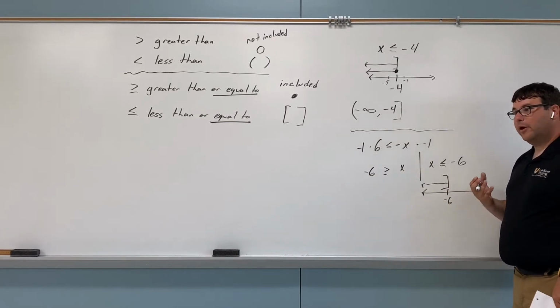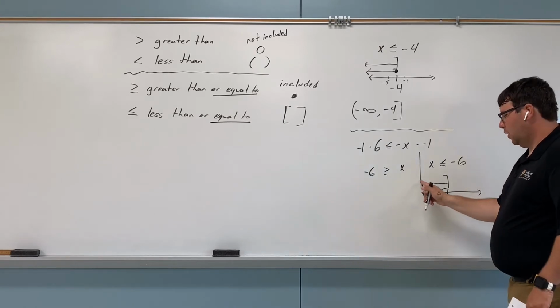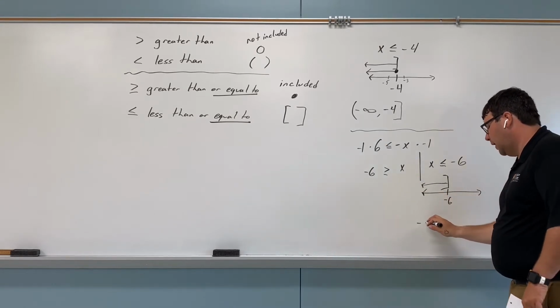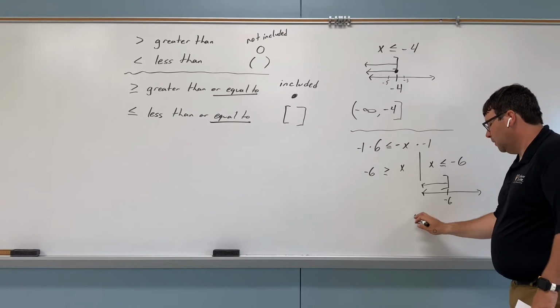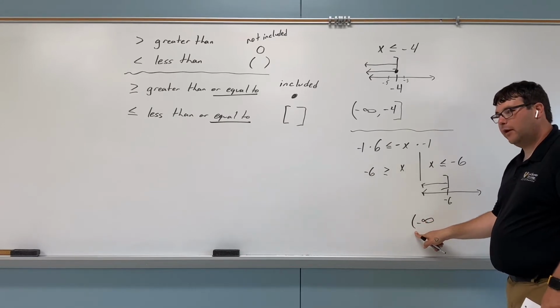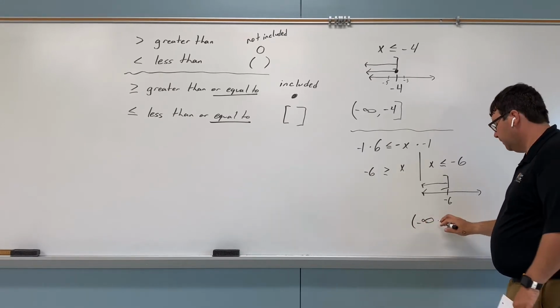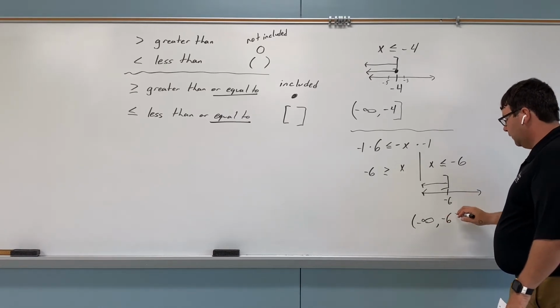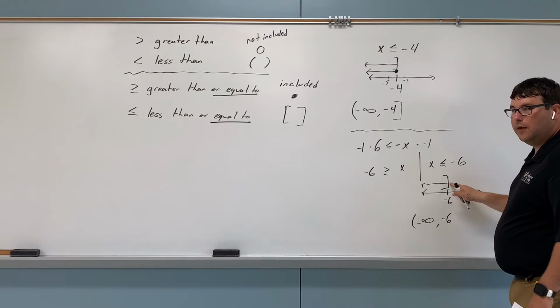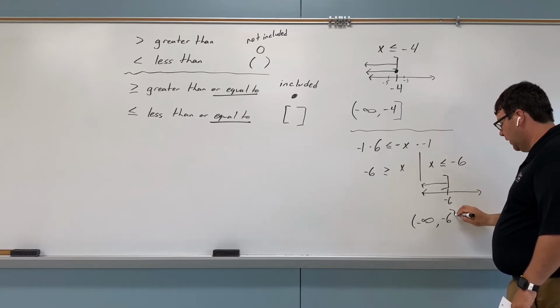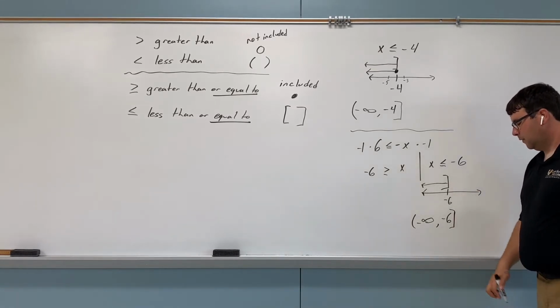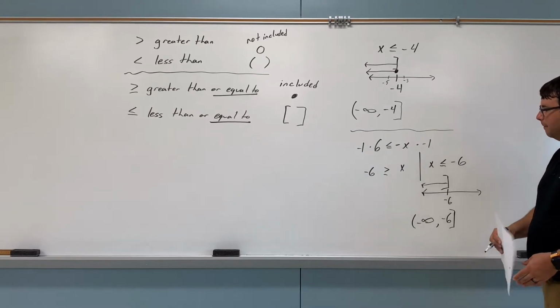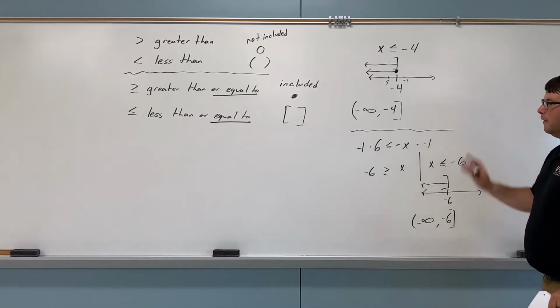If we're talking about our interval notation, over here is infinity, so it's a negative infinity. Remember, that's always a parenthesis on any of the infinity values. And you're going up to -6, stopping and including that -6, so you use a square bracket for that. And that's it.